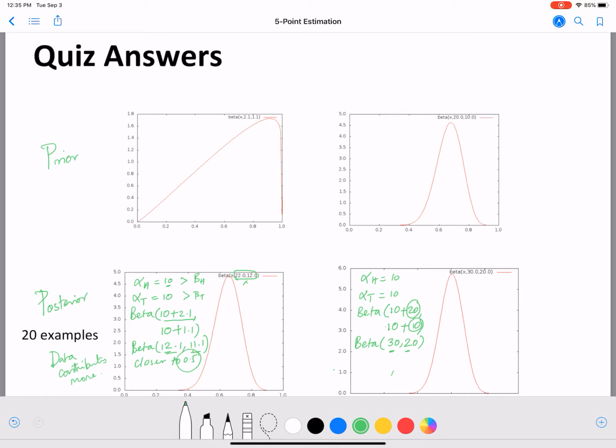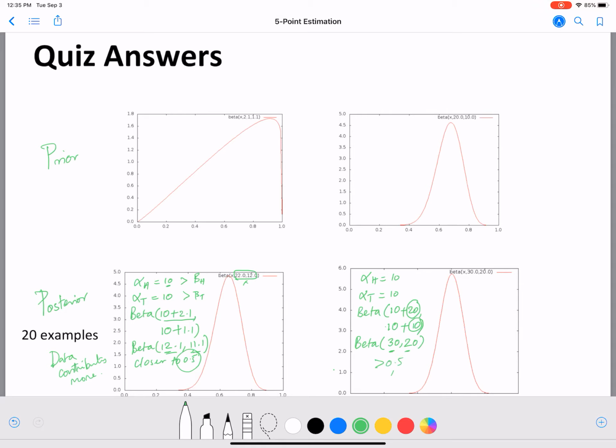So it's still contributing a lot, and hence it's going to be narrower, and it's also going to be away from 0.5 because the first parameter value is greater than the second. It's more towards 1, it's away from 0.5. So this is going to give us an estimate of greater than 0.5.